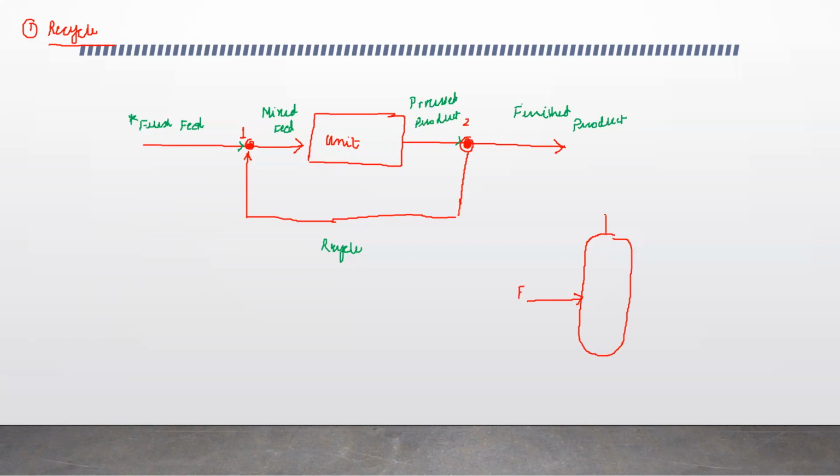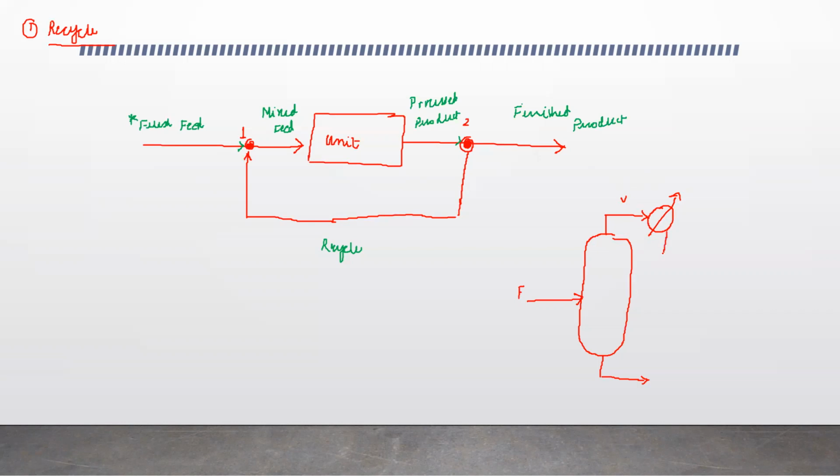As I told you, from the top you get vapor, which is rich in the more volatile component, and from the bottom you get liquid, which is rich in the less volatile component, right? The vapor that comes out is made to pass through a condenser, which condenses this vapor into liquid form.